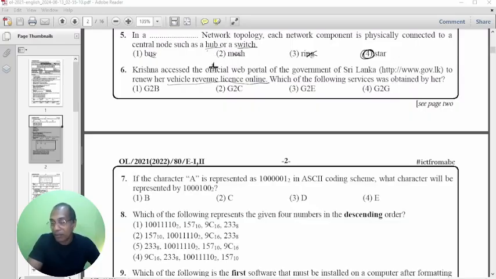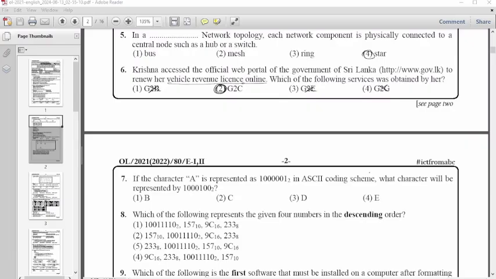So this is from government to a consumer. Government to business is wrong. Government to enterprise, no. Government to government, no. So the right answer is government to citizen.